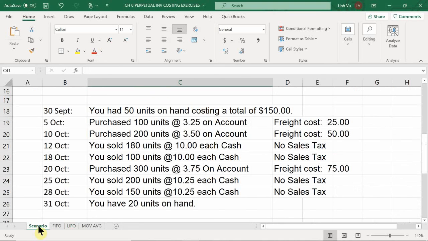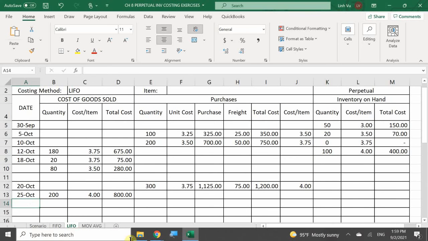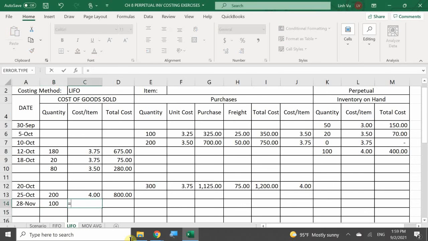Then on October 28th, we end up selling an additional 150 units at $10.25, leaving only 20 units left behind. So we're going to sell 150 units. We would take the last 100 at $4 apiece.